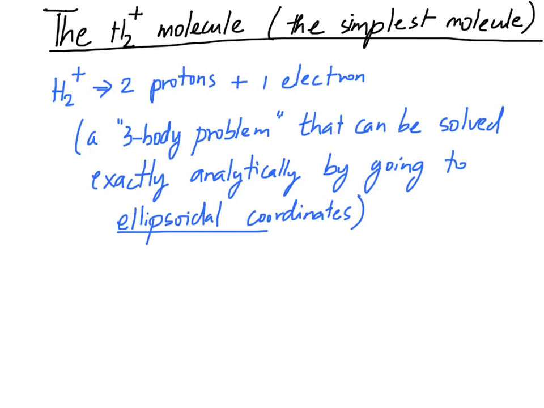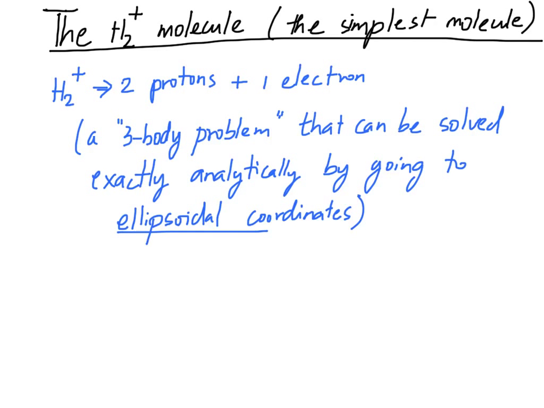How is this possible? The trick here is that we solve the problem for the 1 electron for fixed positions of the 2 protons, and we can actually do this, and the justification for this is that the proton is so much heavier than the electron, and so the Schrodinger's equation for the electron and the protons together can actually be factored out into two separate equations.